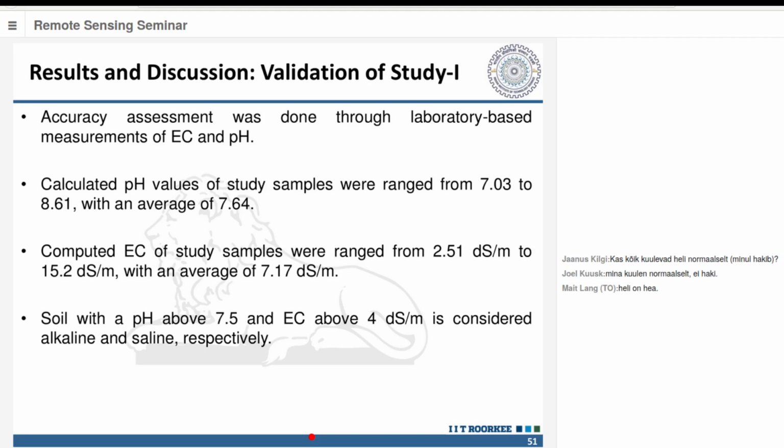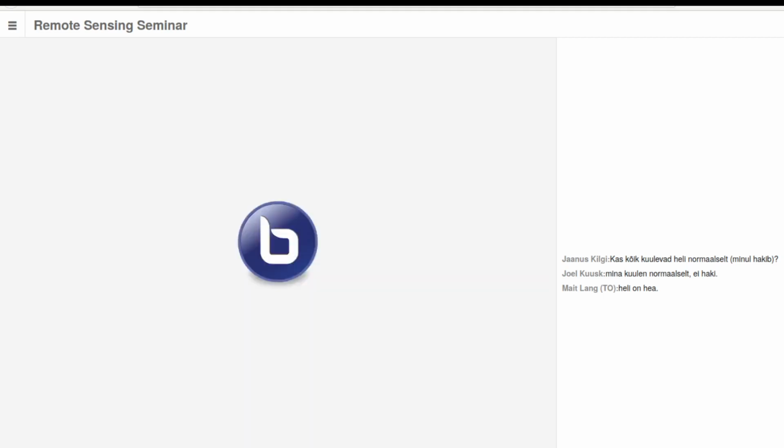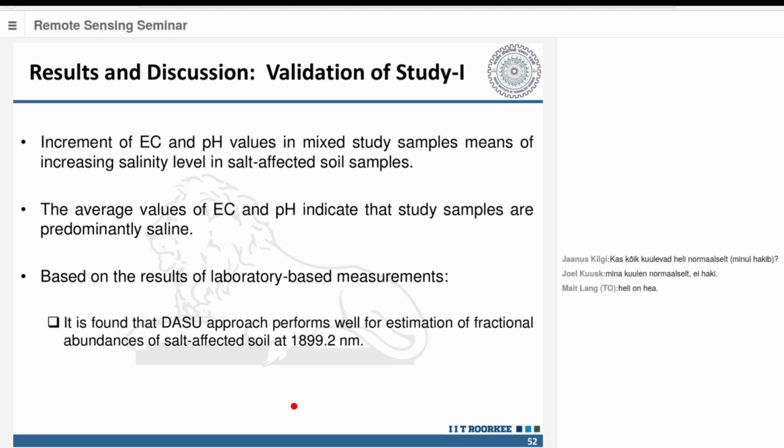Soil with a pH value above 7.5 and electrical conductivity above 4 dS per m is considered alkaline and saline respectively. So an increment of electrical conductivity and pH values in mixed study samples means an increasing salinity level in salt affected soil samples. The average values of electrical conductivity and pH indicate that study samples are predominantly saline.